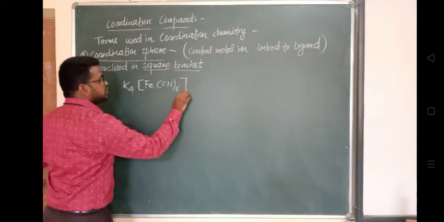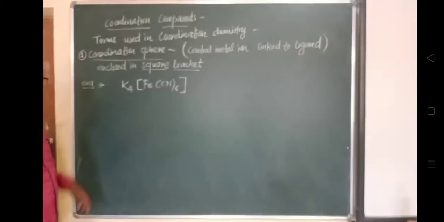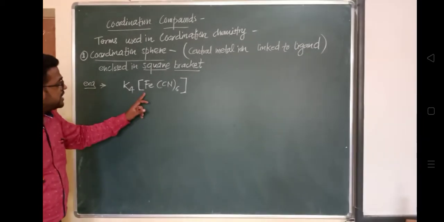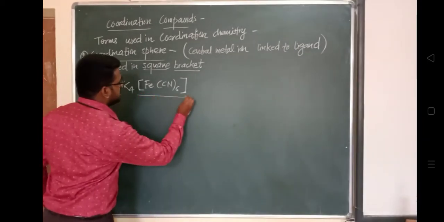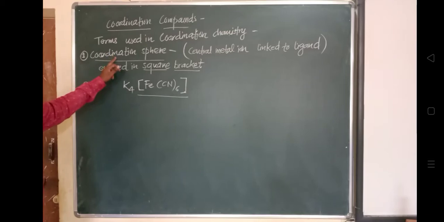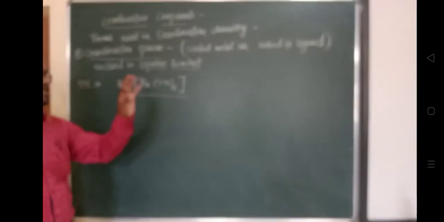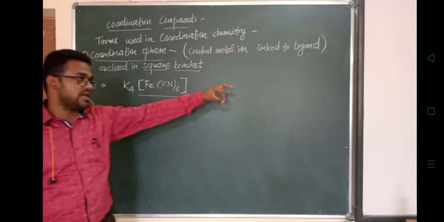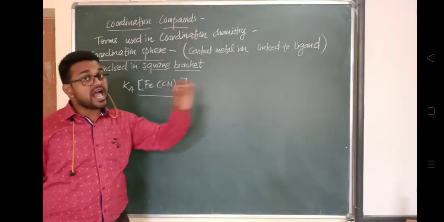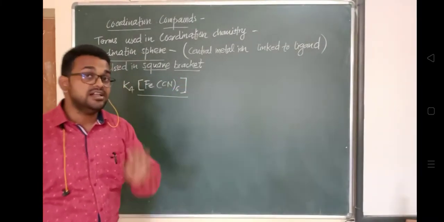What is this called? Coordination sphere. The coordination sphere consists of the central metal ion linked to ligands, enclosed in a square bracket. It is a discrete structural unit.